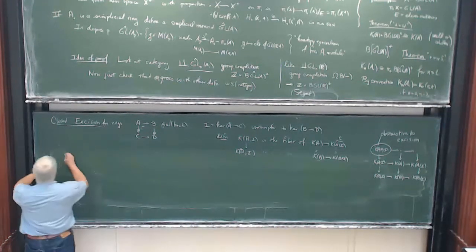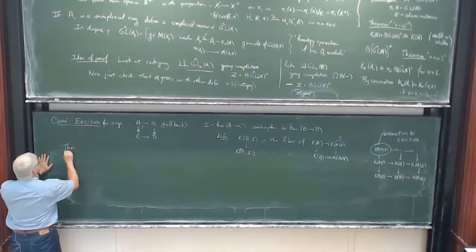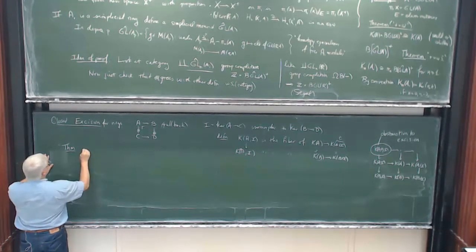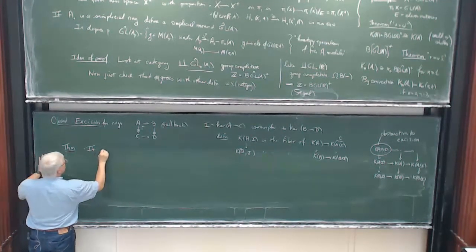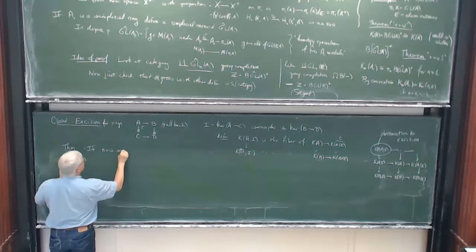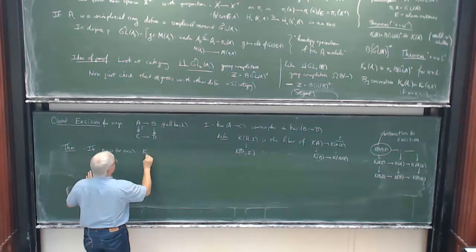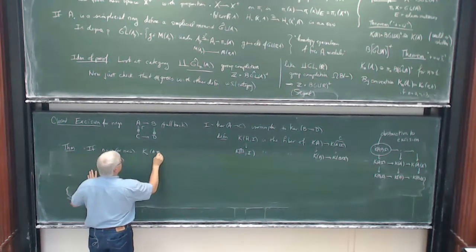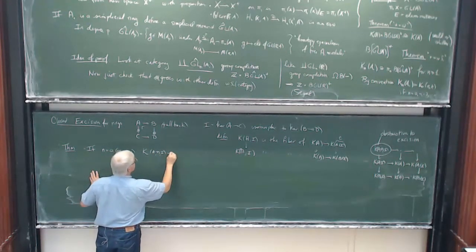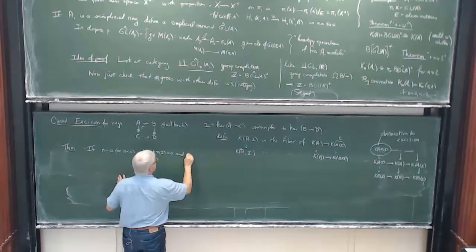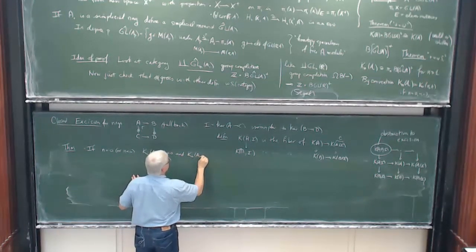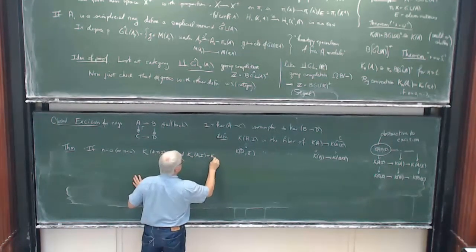So the theorem, the first part is if n is equal to 0 or if n is negative, K0 of (A, B, I) is equal to 0 and K0 of (A, I) is the same thing as K0 of (B, I).